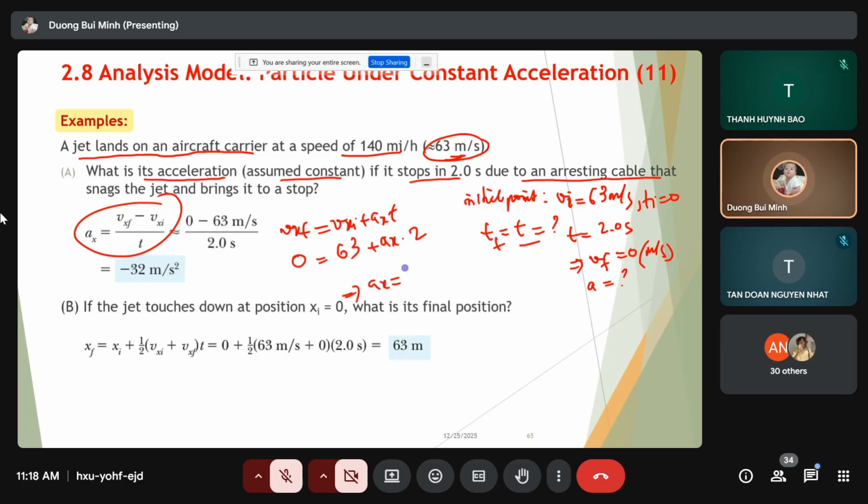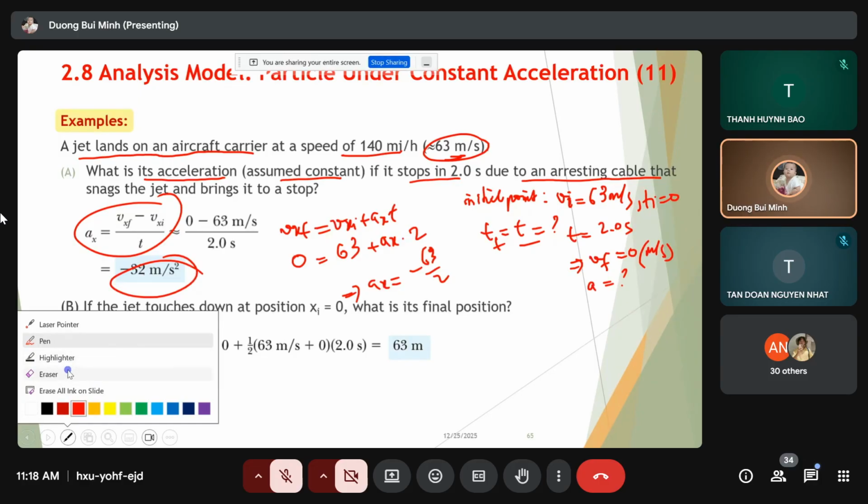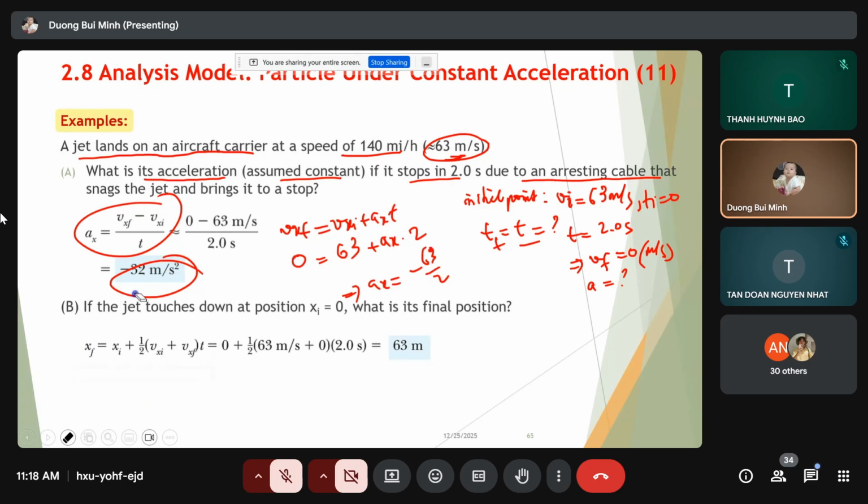That means ax is minus 63 over 2. You get minus 32 meters per square second. And that's correct. Why? Because if the jet would like to stop, vx is positive, so ax must be negative.